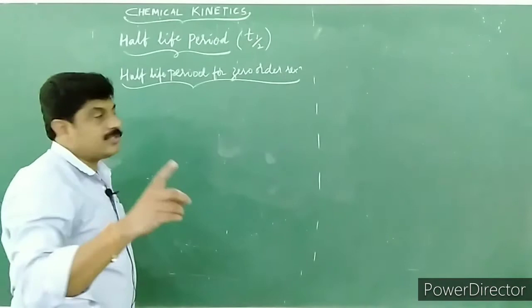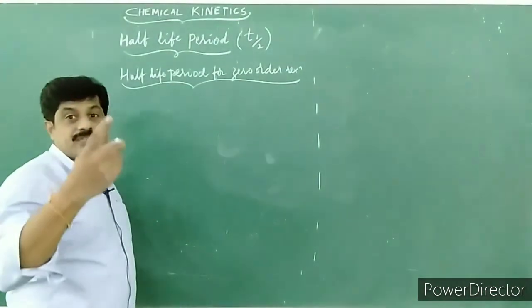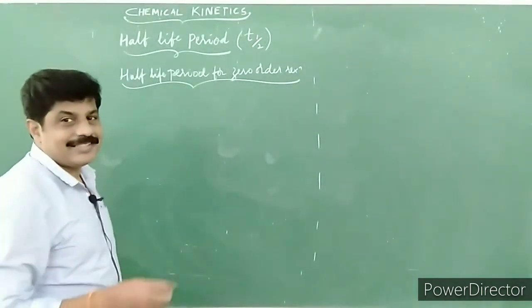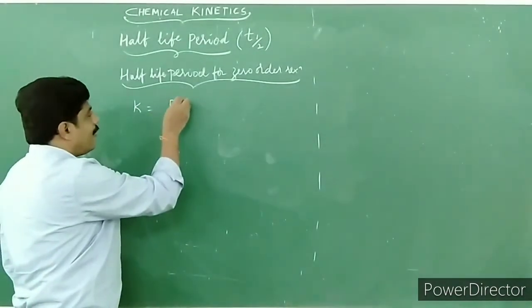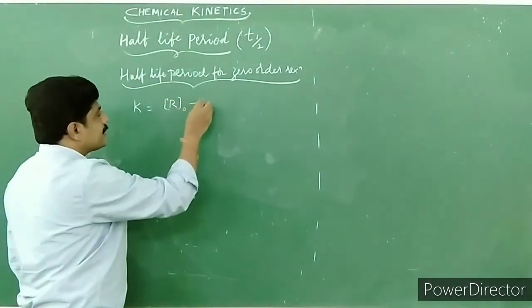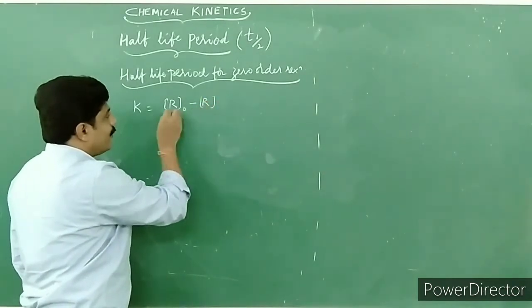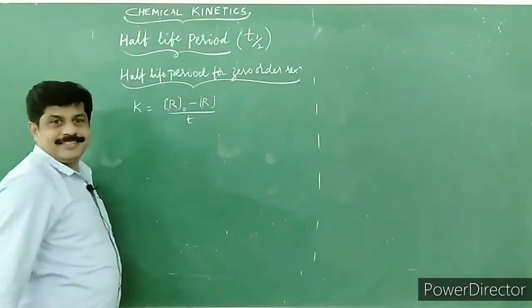Children, you know the expression for integrated rate equation for zero order reaction? Let me write. Look at here. k is equal to R naught minus R upon t. Is it not?